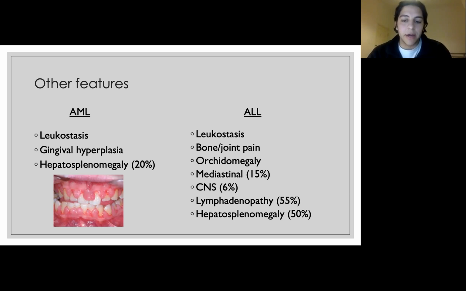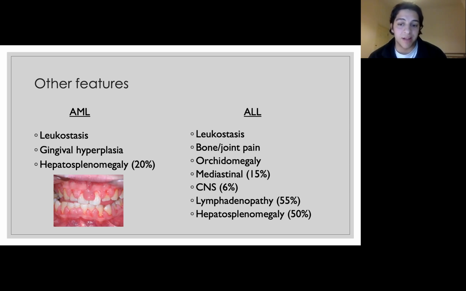I didn't really go into the management of acute leukemias because I don't really think it's that relevant for exams, and certainly when you graduate as junior doctors, you won't be expected to go through the management. This is all quite complex treatment. But just for interest's sake, for AML, usually patients have 3 to 4 cycles of combination chemotherapy, and you can also have stem cell transplants in select patients.